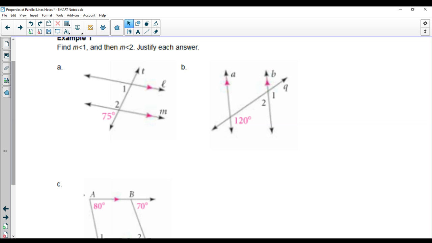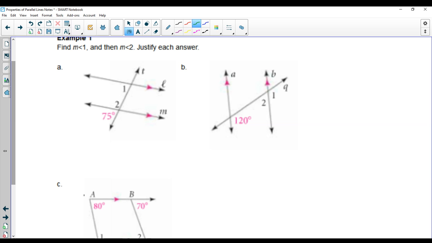So we're going to find the measure of angle 1 and angle 2, and we're going to justify our answers. Okay, and they will always give you at least one angle measure. Because in these parallel lines things, if you know what one angle is, you can find all of them using those relationships we just talked about.